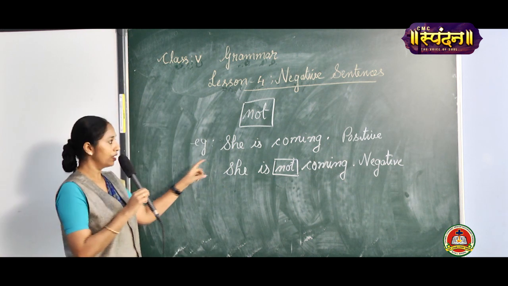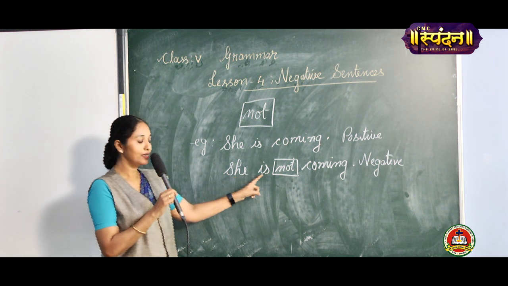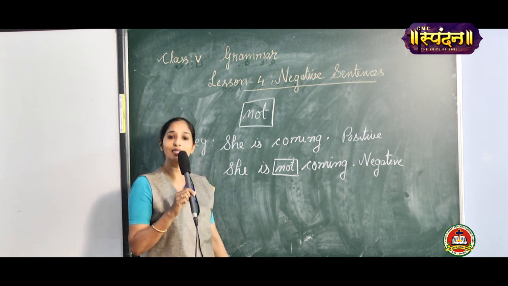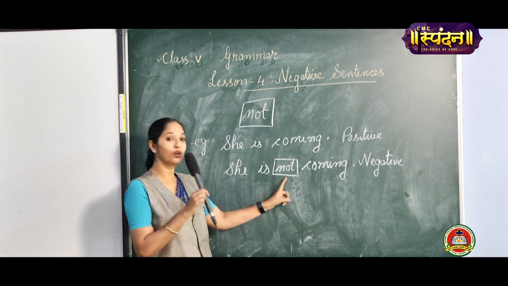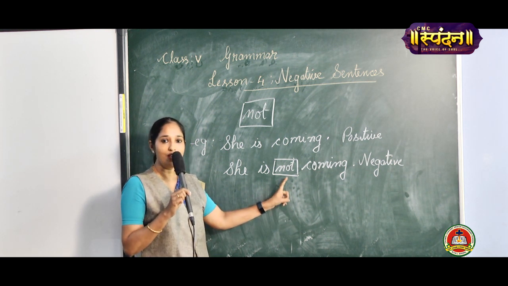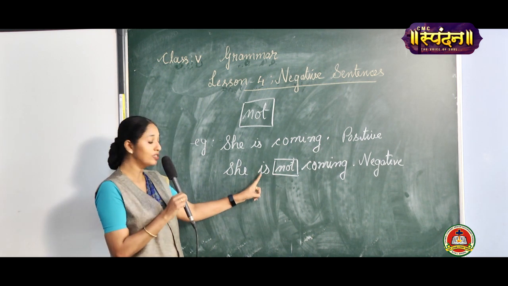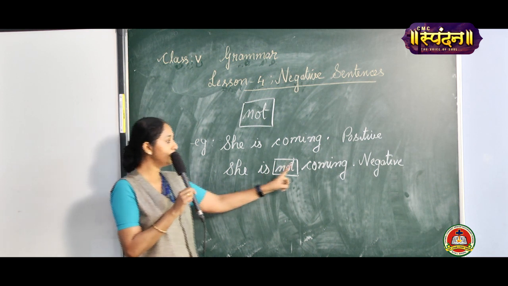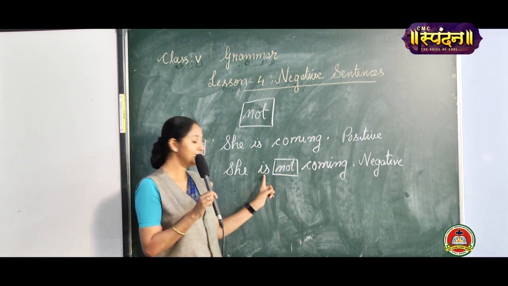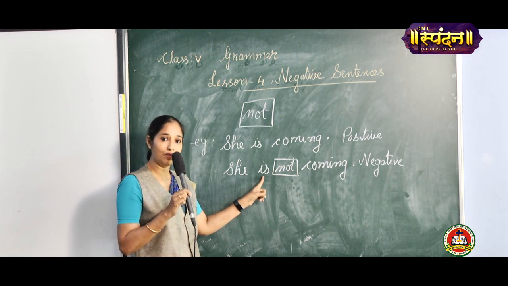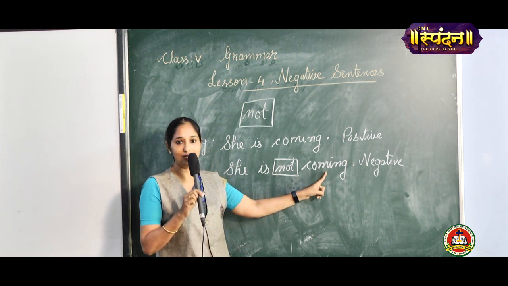Here, she is coming is a positive sentence. She is not coming is a negative sentence. Now look at the position of the word not. We have inserted the word not in between the auxiliary verb is and the main verb coming. So is is called the auxiliary verb or helping verb, and coming is the main verb in the sentence.